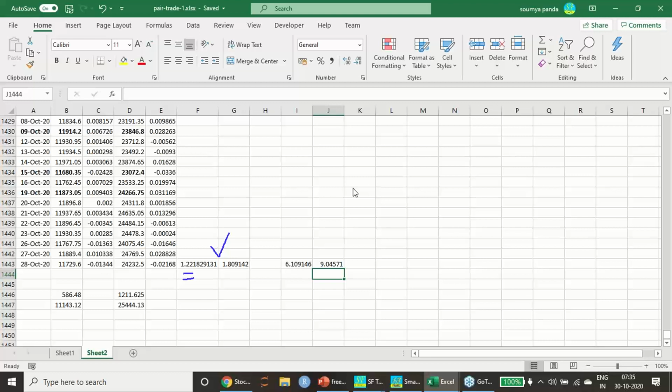That means every 5% change in the Nifty will invite a 6 to 9% change in the Bank Nifty. That is the conclusion I have derived. If Nifty moves up by 5%, you can expect a 6 to 9% up move in the Bank Nifty. If Nifty falls by 5%, we'll be expecting a 6 to 9% fall in the Bank Nifty.